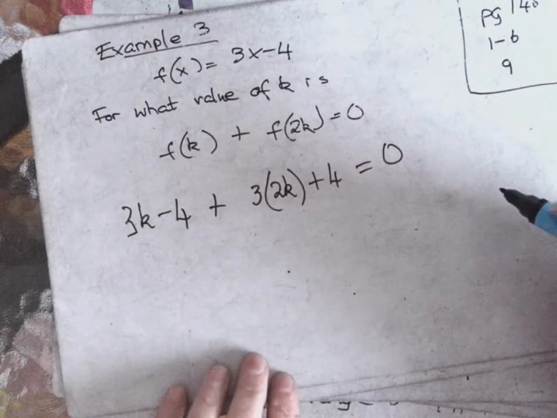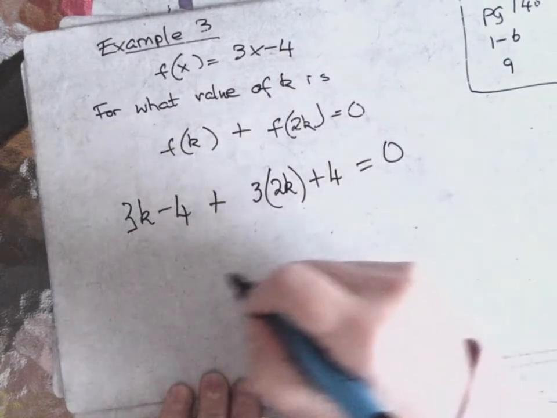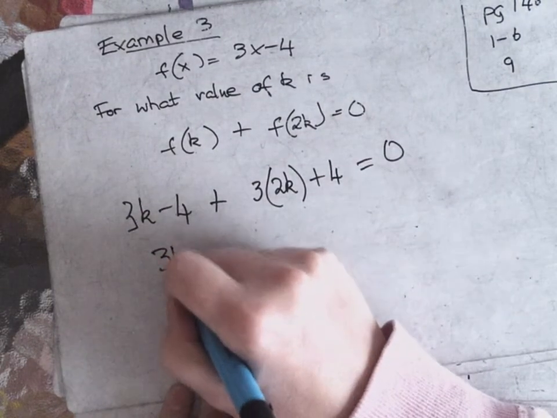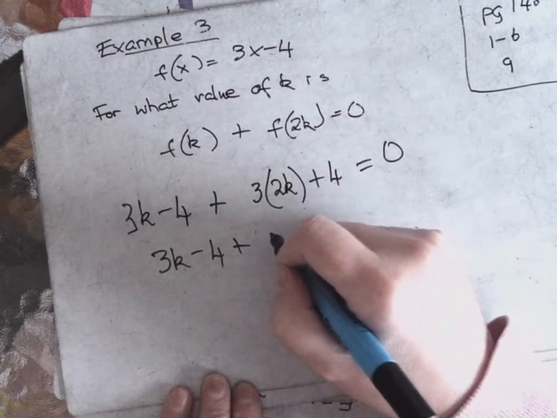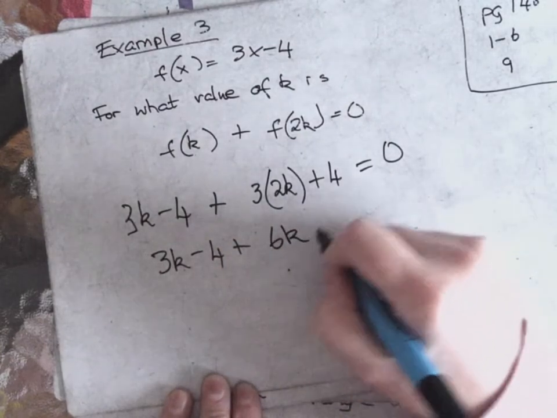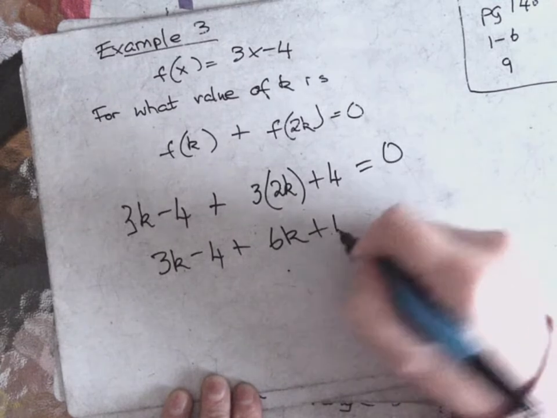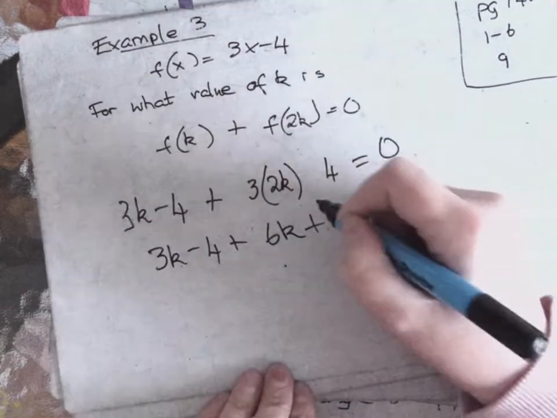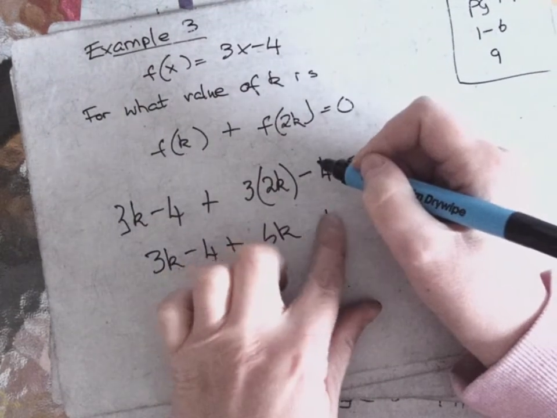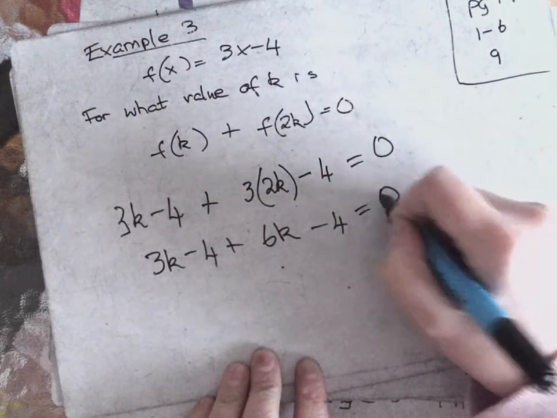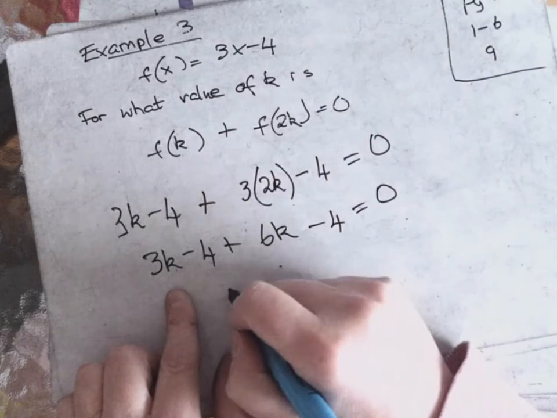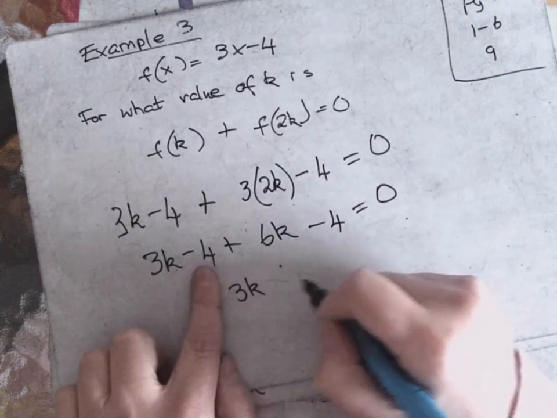Then you multiply out and put your k's on one side and your numbers on the other. So you get 3k minus 4 plus 6k minus 4 equals 0. Sorry, that should be a minus 4, shouldn't it? So then k's on one side, numbers on the other. 3k stays put, minus 4 moves.